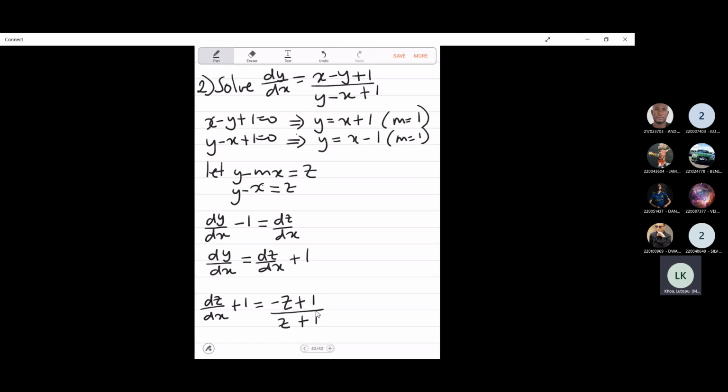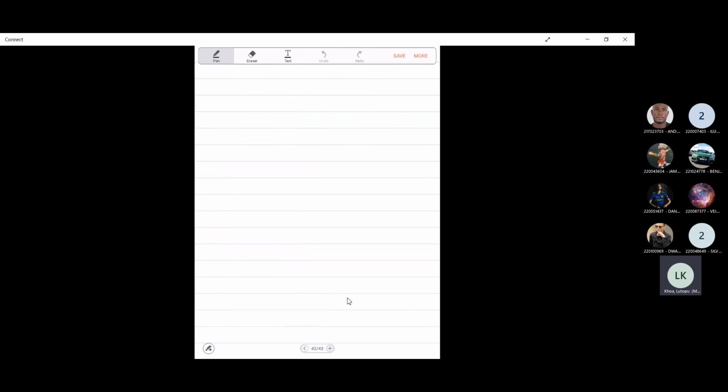Now this, again, is easy to solve. You can see that it leads to a separable differential equation. So I just subtract 1 on both sides. We have dz/dx equals minus z plus 1 over z plus 1, then minus 1.